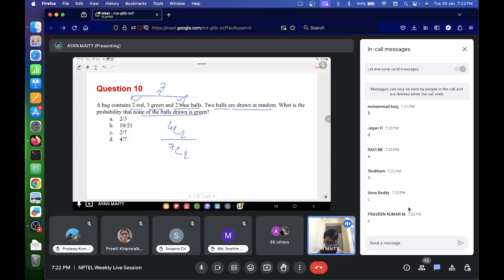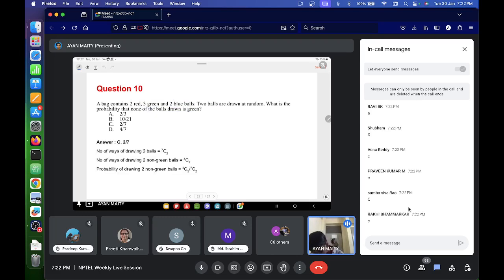So 4C2 is the number of ways to draw two non-green balls, and 7C2 is the number of ways to draw any two balls. If you compute this, I think it would be 2 by 7. So option C, 2 by 7, is the correct answer.